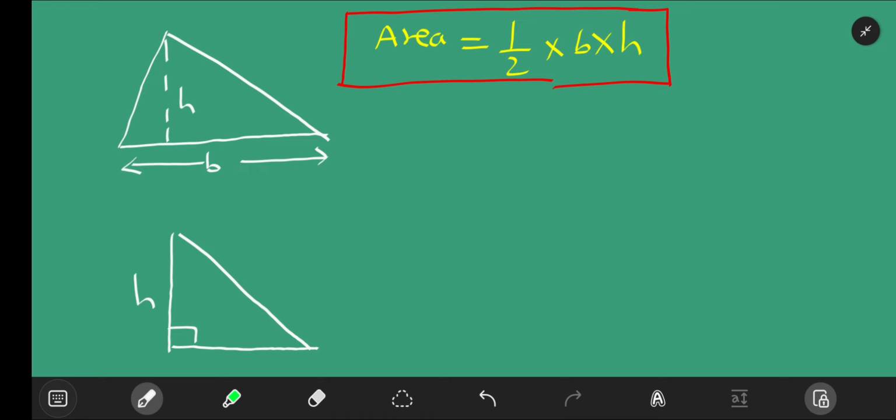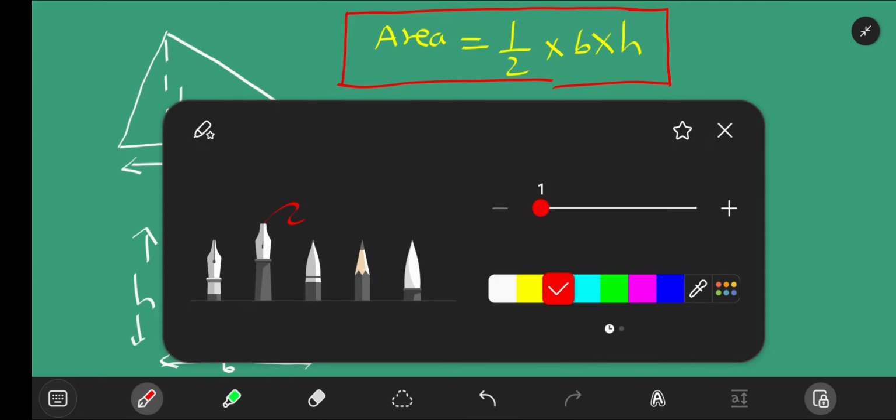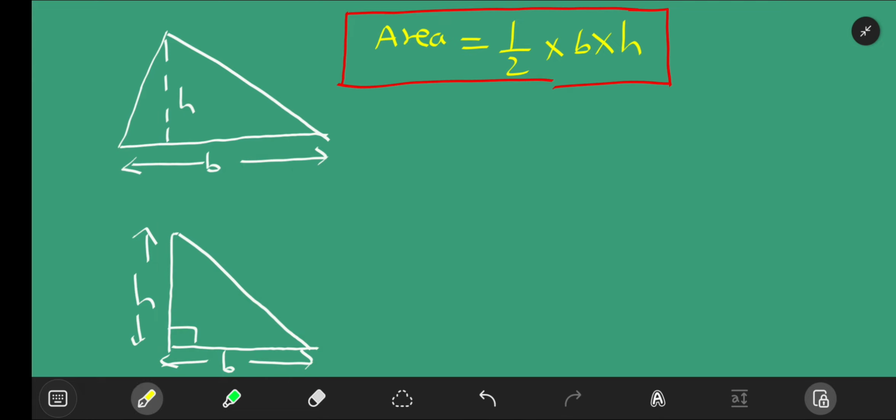Suppose this height is H and this base length is B. Now the formula for this type of triangle also, area is equal to half into base into height, and the perimeter is equal to the boundary length.